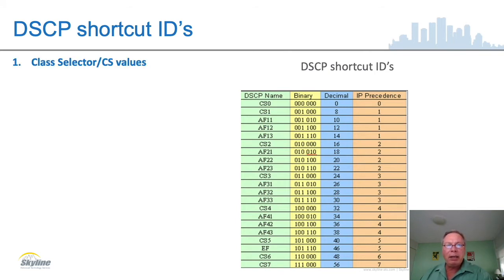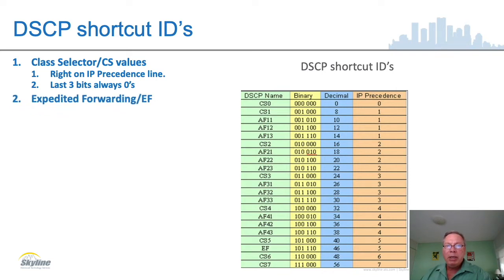So again, CS stands for class selector, and it lives right on the IP precedence line, but the last 3 bits are always zeros. EF, which is down here, is a very special marking. It stands for expedited forwarding. And it is always, in binary, 101110, which is decimal 46.